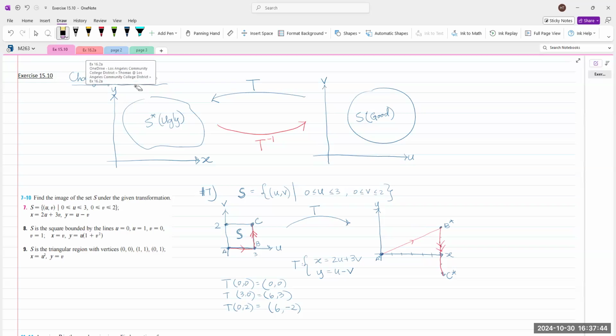Actually, I'm sorry, that's not right. Actually, this is my C, this is my C at (0, 2), right? Yeah, that's my C. Call this the second arrow, or the third arrow. So it will be this one here.